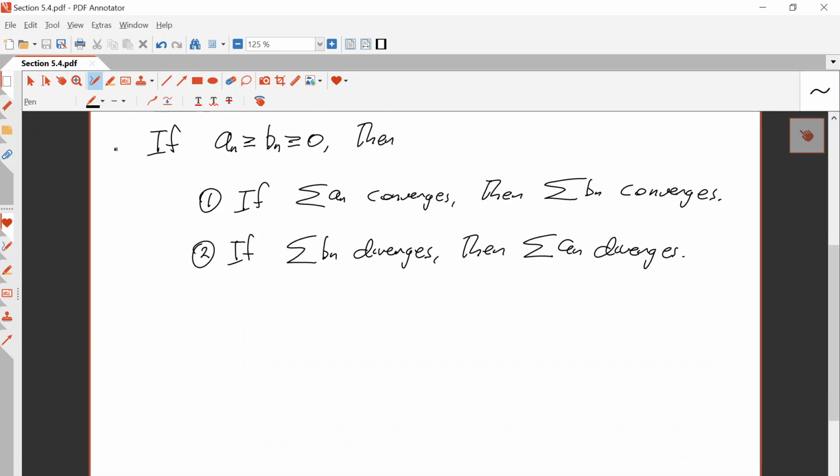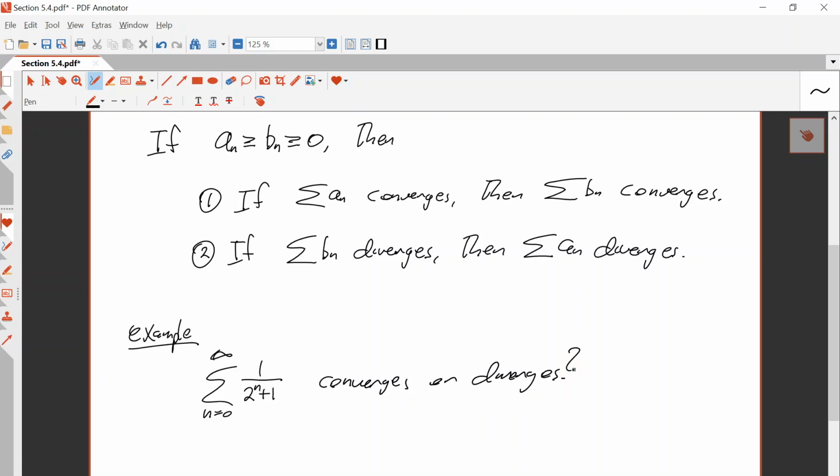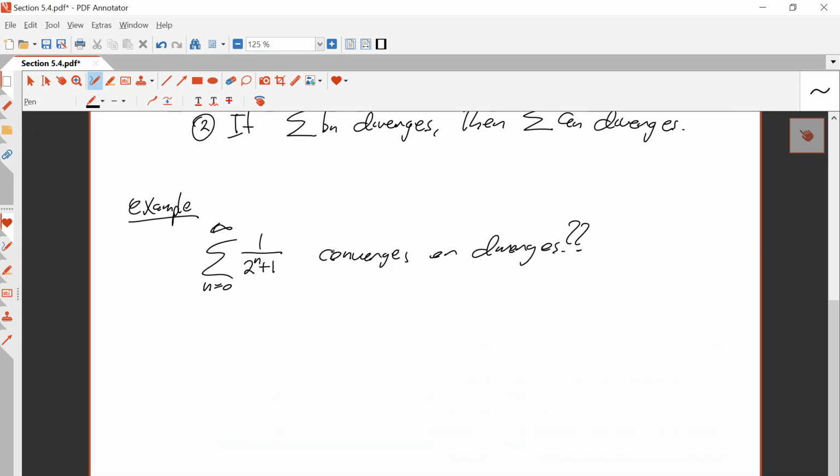So, for example, does the sum from n equals 0 to infinity of 1 over 2 to the n plus 1 converge or diverge? Not what does it converge to, but just does it converge or diverge.